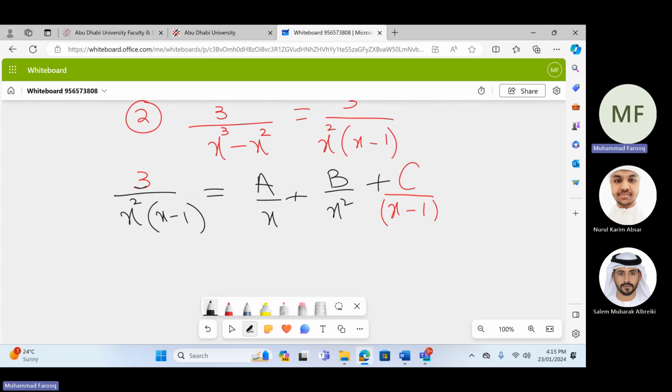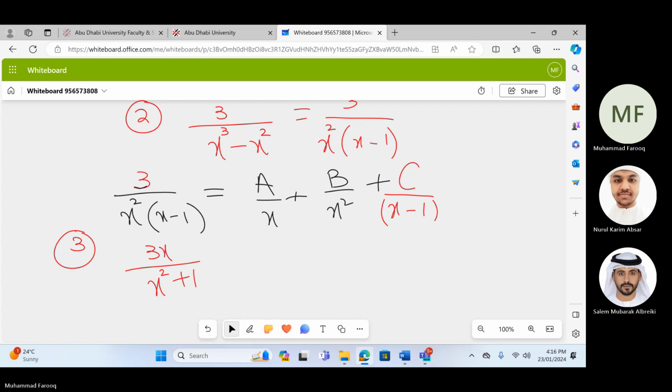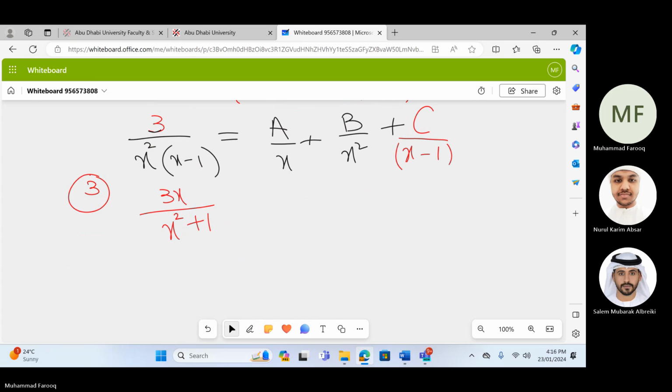So for example, case number 3. Let's say you have 3x divided by x squared plus 1. Step 1, can you factorize the denominator?